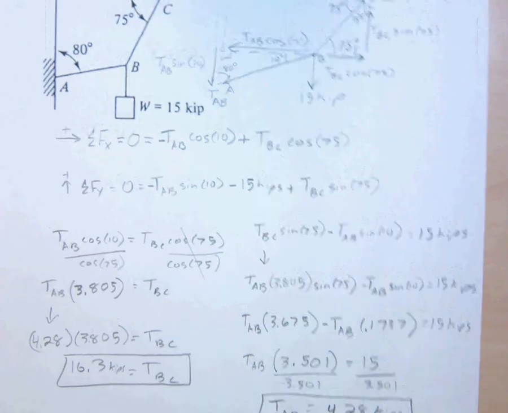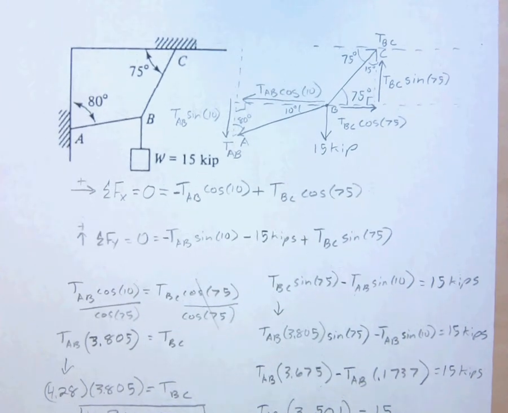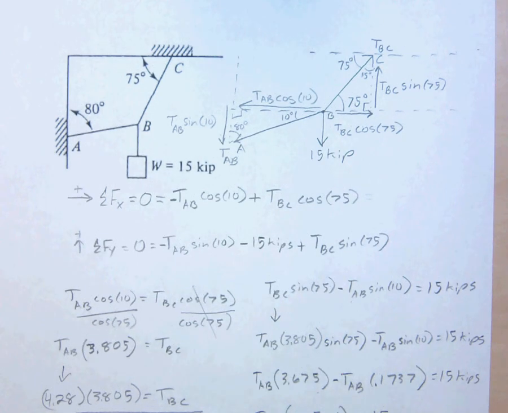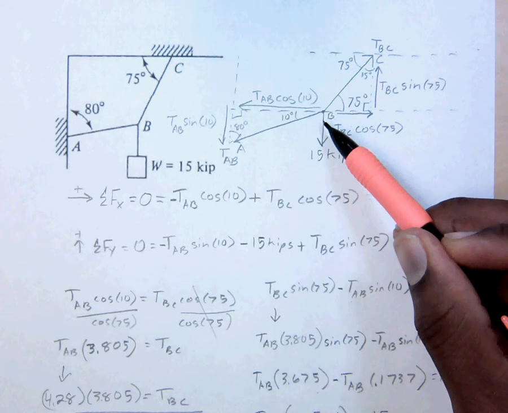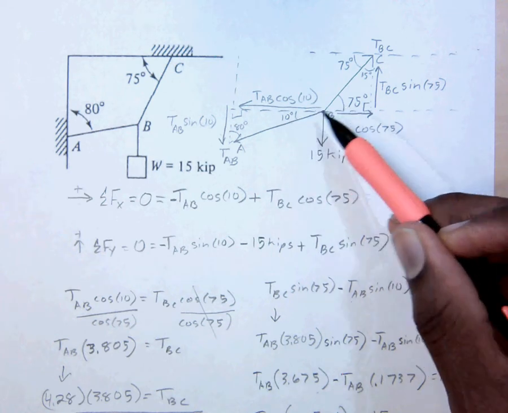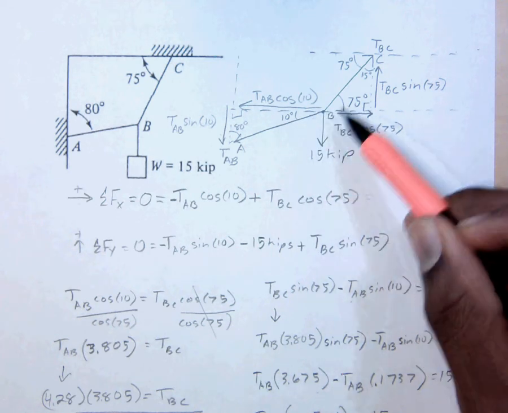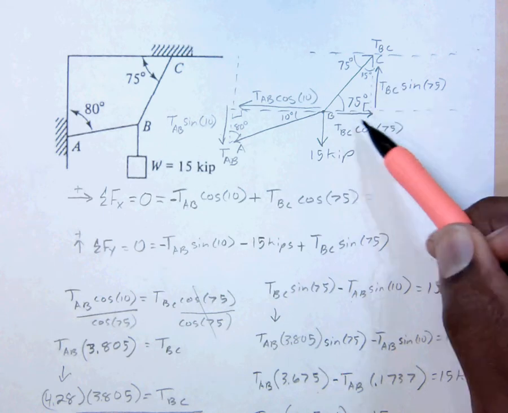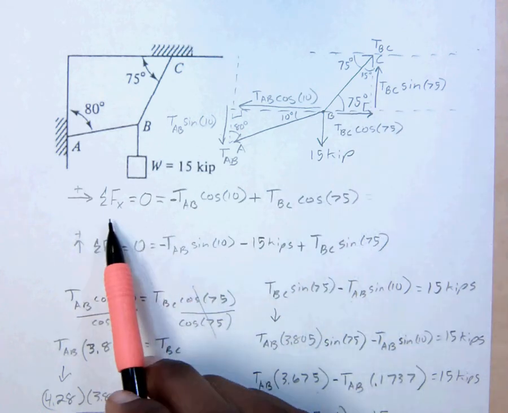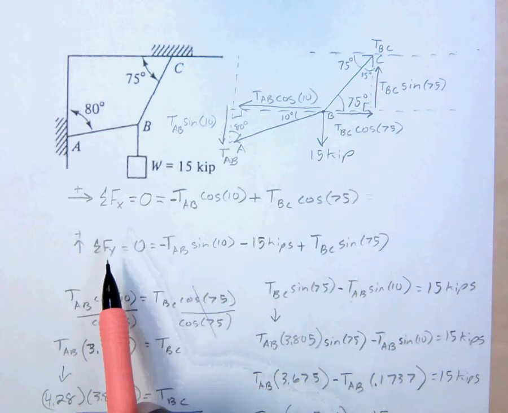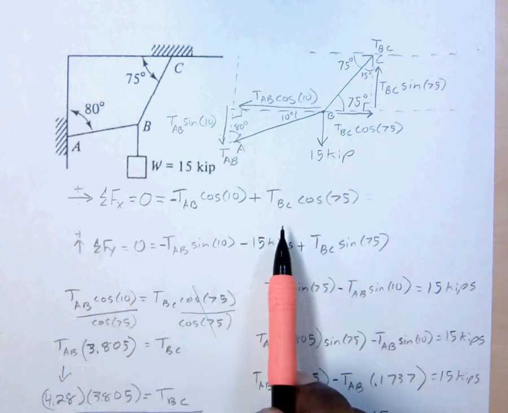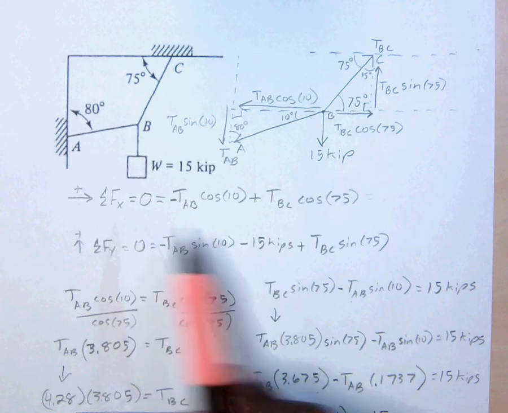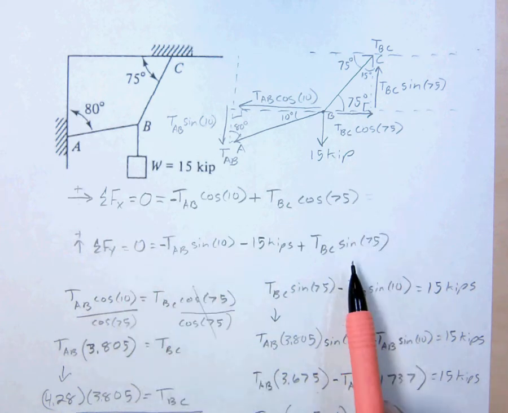So I have just worked out an equilibrium problem for you in which you have two unknown forces. We did the free body diagram. We found all the angles with respect to the horizontal, and then we resolved the slanted forces into x and y components, and then we wrote our equilibrium equations in the x direction and also in the y direction. Remember, the sum of forces are set equal to 0 in the x and in the y directions.